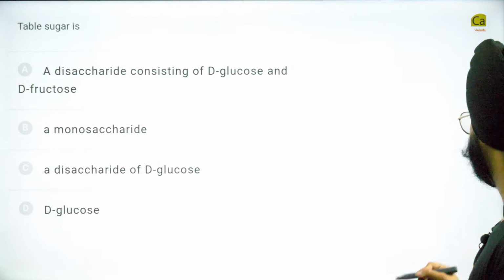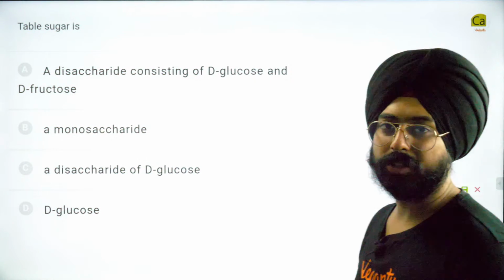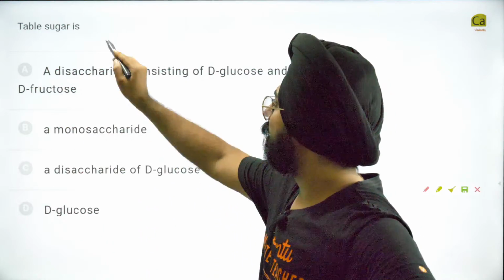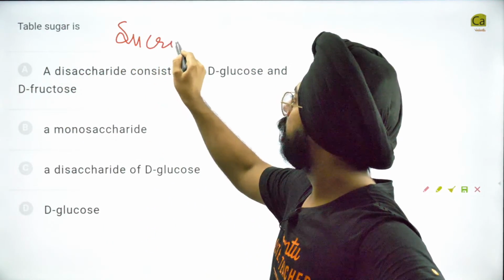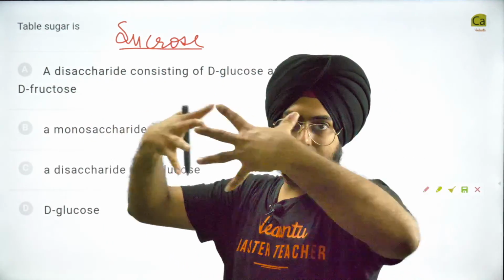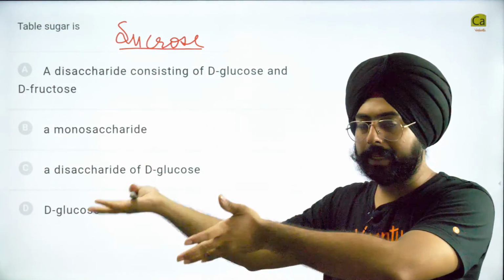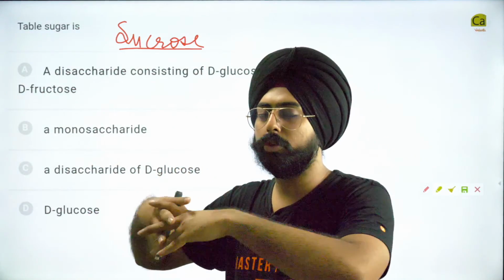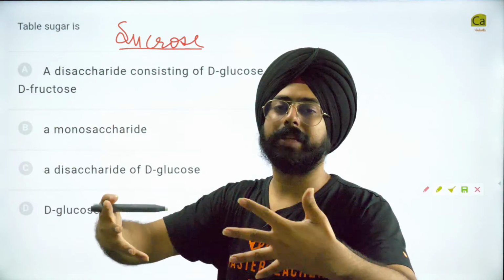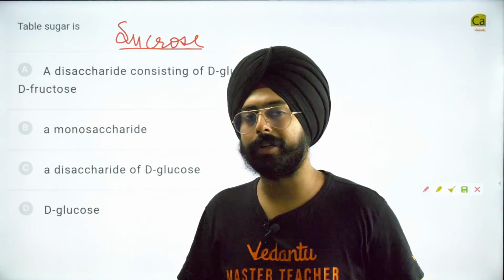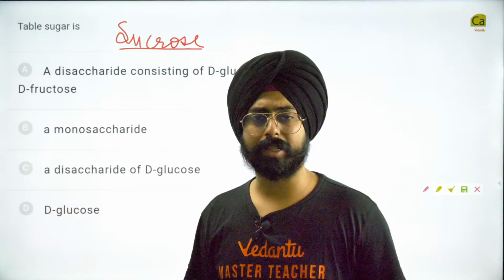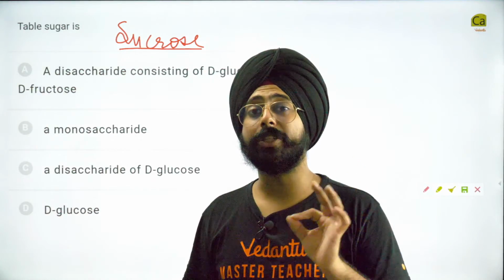Table sugar is, my dear friends, what? Normal sugar is essentially sucrose. Sucrose is a combination, like lactose is a combination of glucose and galactose, sucrose is a combination of fructose and glucose. And almost all the sugars in nature are formed in their D state.